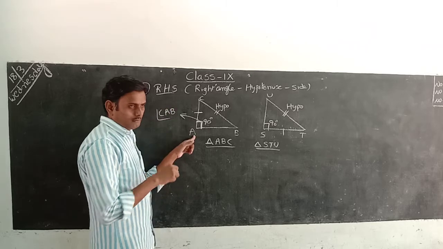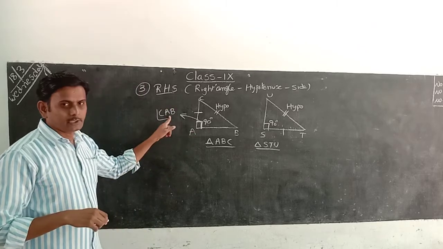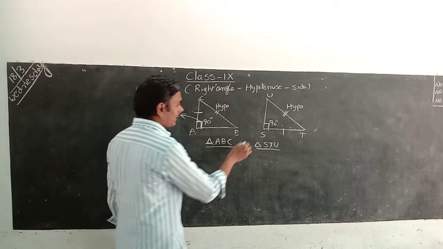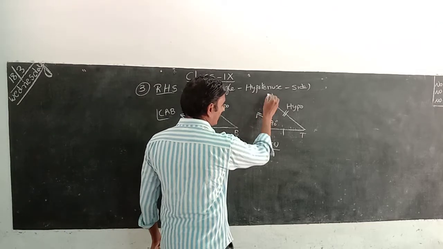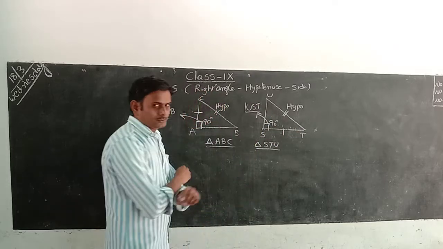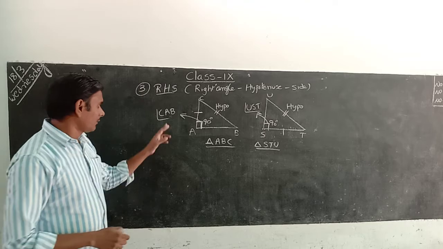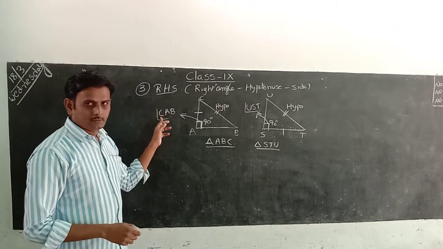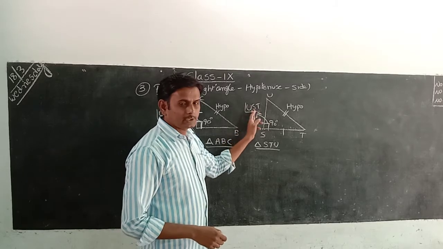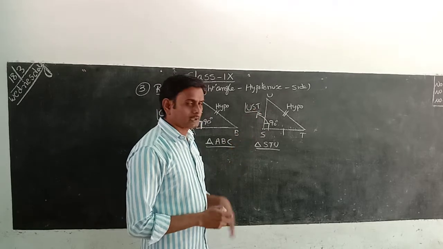Vertex is A, so A should lie between. What is the name of this one? UST. We can write reverse also, but vertex should be in the middle. We can write BAC also, BAC or CAB. TSU or UST. We can write any reverse anywhere.